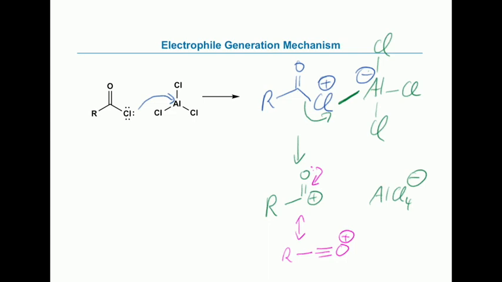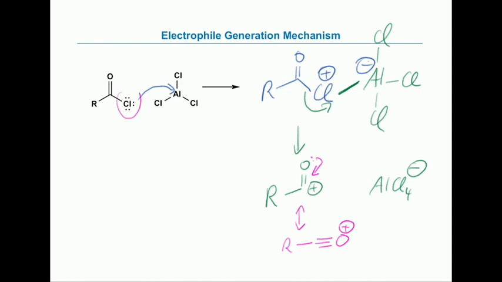This is a positive at carbon kind of center. Very powerful, very good electrophile. And again, it's generated in the same way that we did with our alkyl halides, but it comes from our acyl halides. So this is where you take your carboxylic acids, SOCl2, generate your acid chloride, and then activate it this way to get us our carbon equivalent at this higher oxidation state.